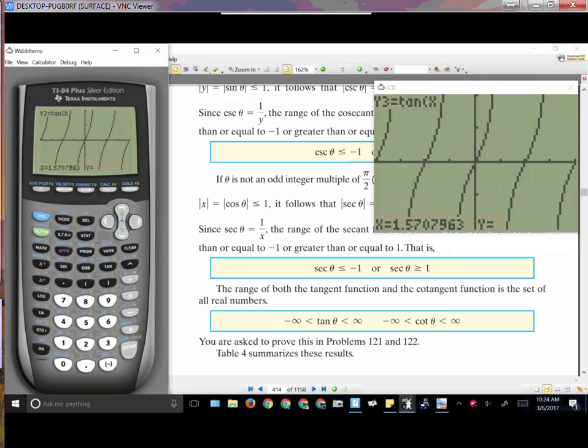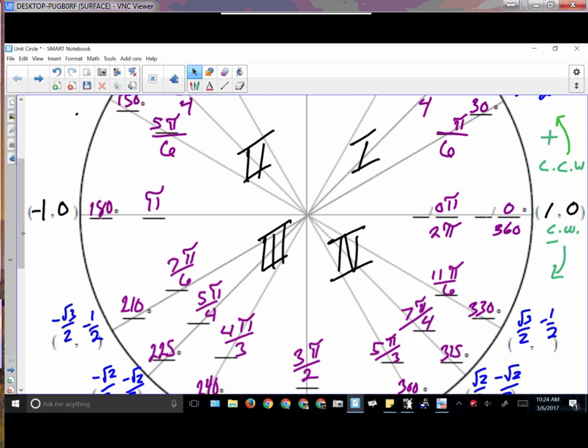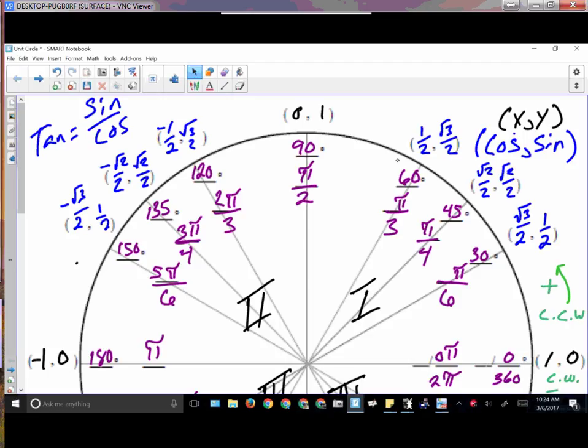I don't get anything, do I? Because the denominator, as it is approaching pi over 2, as it approaches pi over 2, x is tending towards 0, correct?